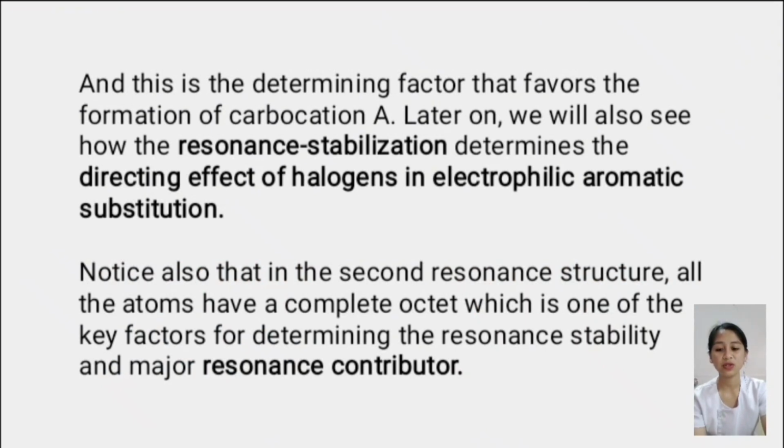Later on, we will also see how resonance stabilization determines the directing effect of halogens in electrophilic aromatic substitution. Notice also that in the second resonance structure, all the atoms have a complete octet, which is one of the key factors for determining the resonance stability and major resonance contributor.